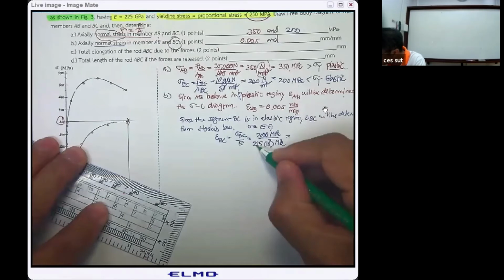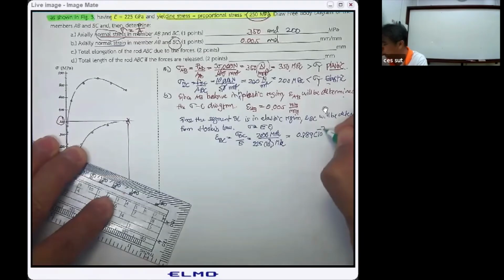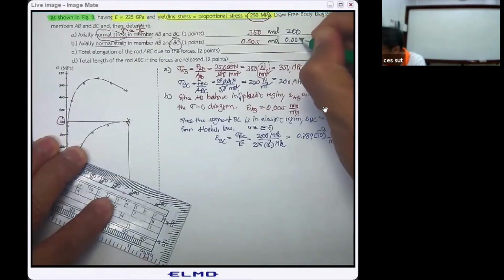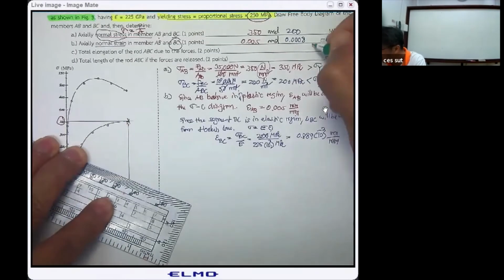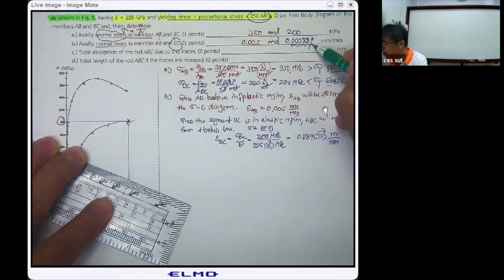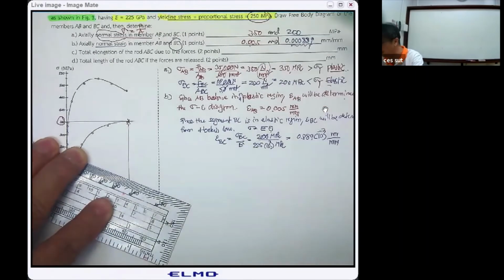You will get 1.889, and then 10 to the power of minus 3. That is going to be millimeter per millimeter, and then you get 0.0089. And you can see the elastic strain is always significantly smaller than the plastic strain. Okay, just take note of this.